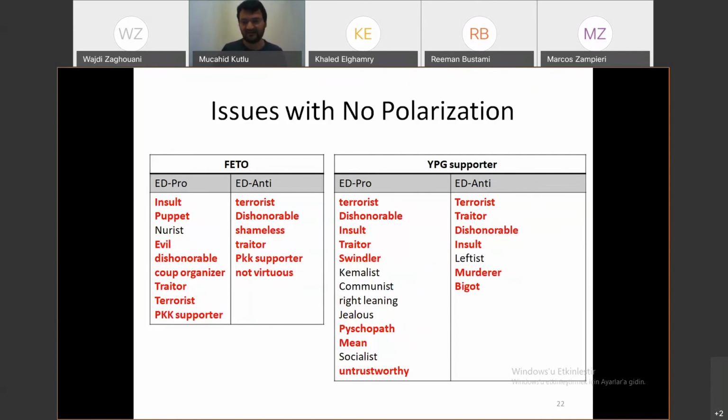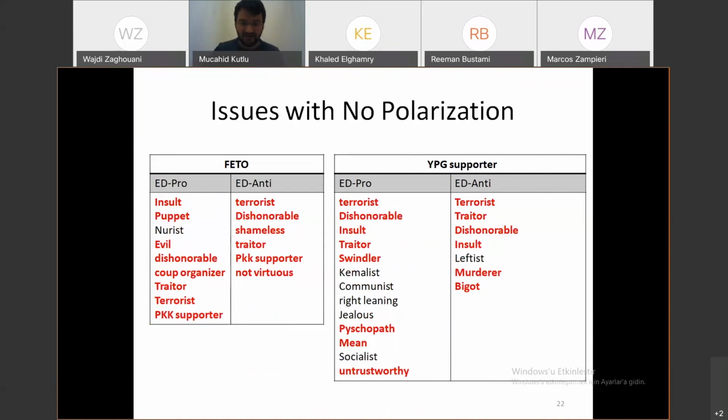And when you look at the YPG, which is the Kurdish militant group in Syria, you see again there is no adjective with a positive sentiment. There might be some you could think of as having no sentiment at all, like leftist, right-leaning, jealous, socialist. That depends on your worldview.